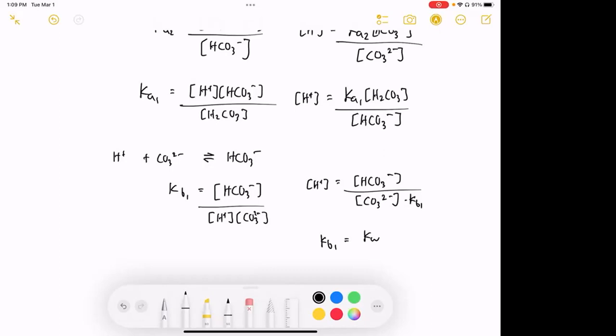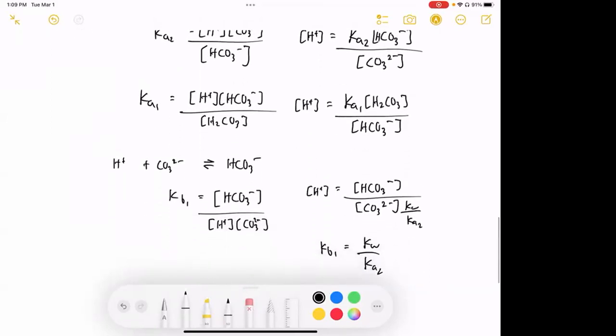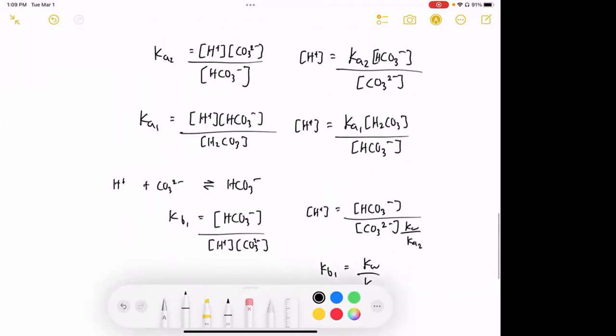So it's KW over KA2. We substitute that there now and we get KW times KA2. And then overall, you can insert this for carbonate.